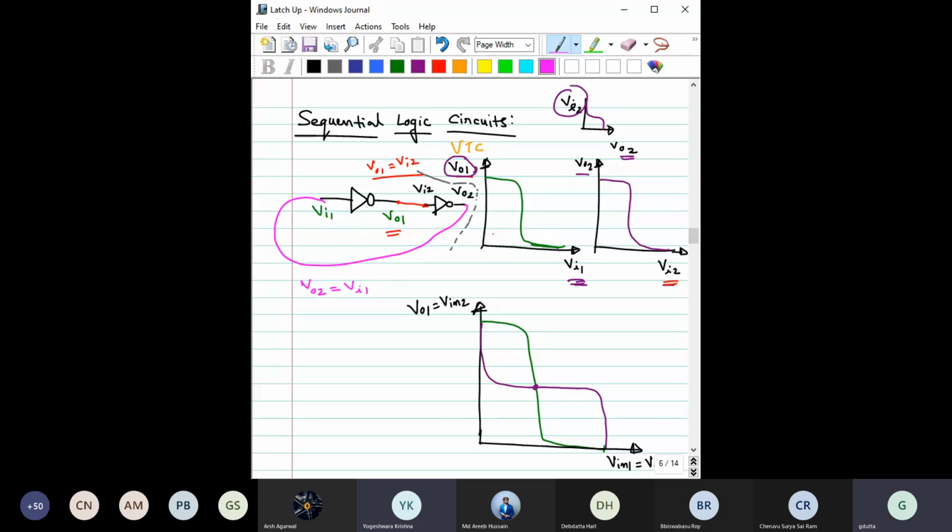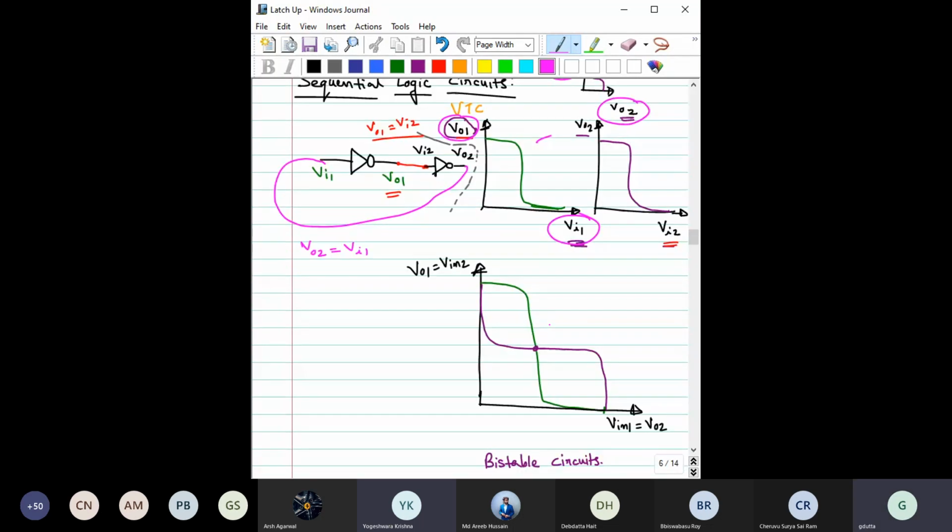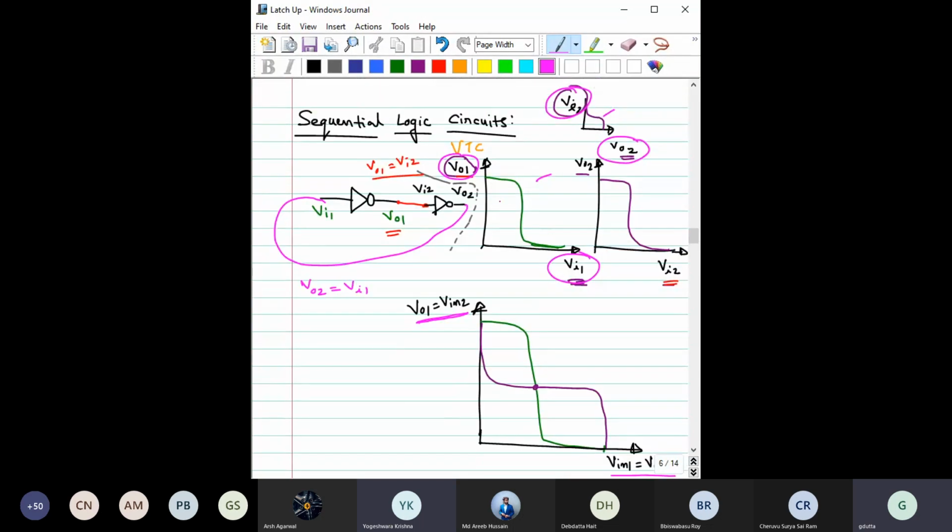That way now this equals this equals this. Then we can superimpose these two VTCs on a single plot. Here we have already written VO1 equal to VI2 and VI1 equal to VO2. These two plots have to be superimposed and you will get a VTC something like this.